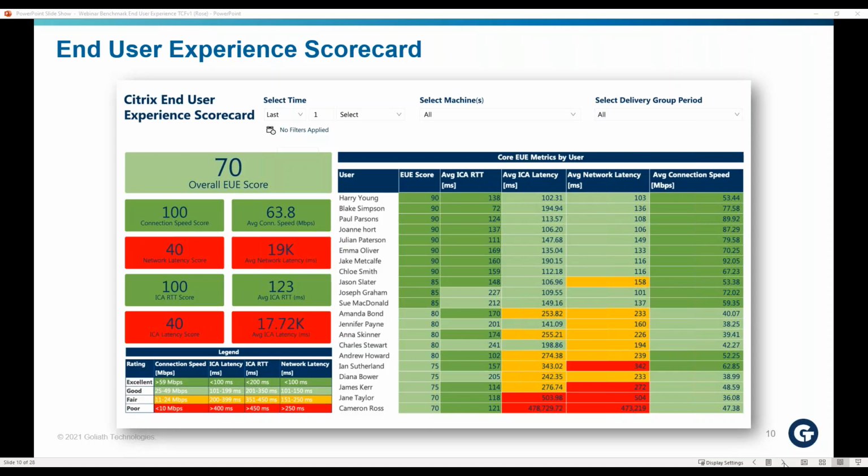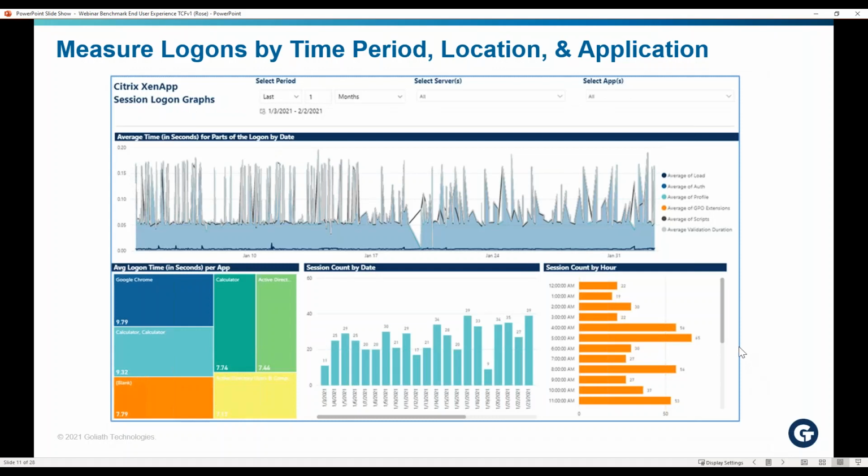Following presenting this graph, we also had a graph where we were able to show them that log-on times were an issue, where we're able to trend the log-on times per the specific stages, per the specific application and locations, based off of the date of when these logons were coming through, and also when the logons were occurring.